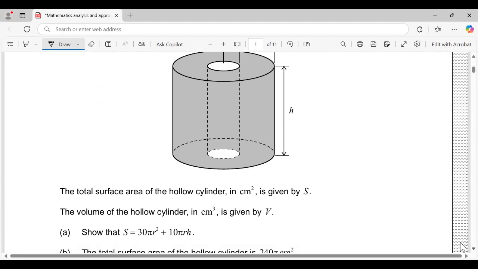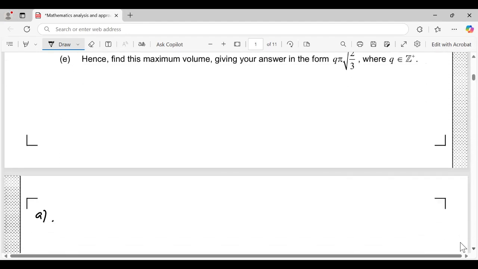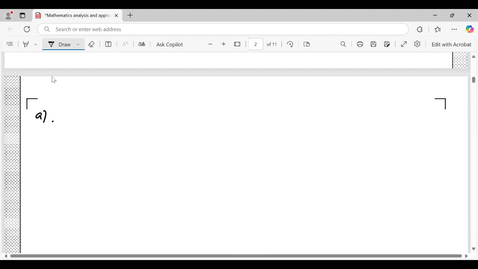Okay, so we're going to calculate the area of lateral outer and area of lateral inner.